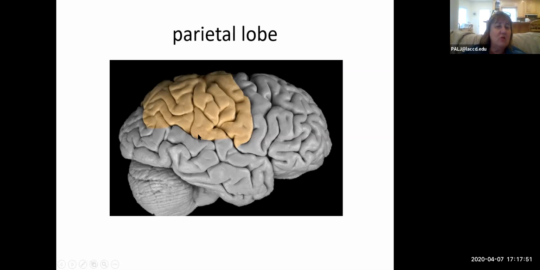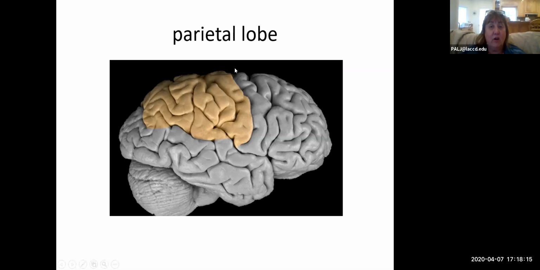There is no external surface line that delimits exactly where the parietal lobe ends and the more posterior occipital lobe is going to begin. So if there's an arrow, it's either going to point to something that's obviously occipital or something that's parietal.